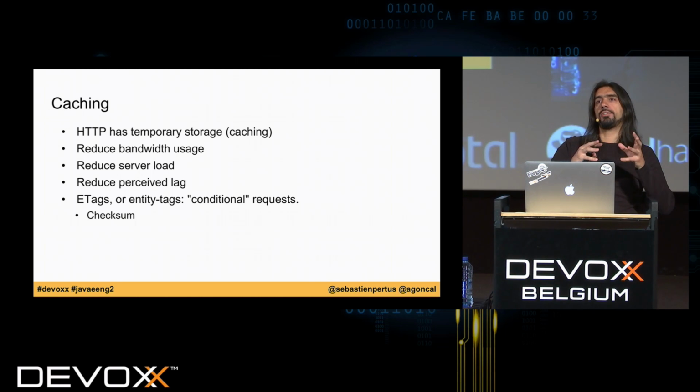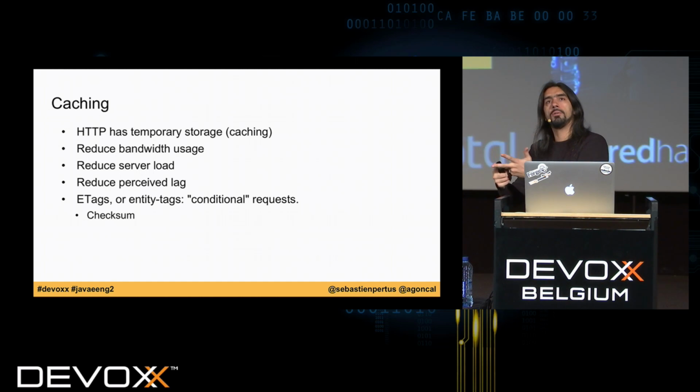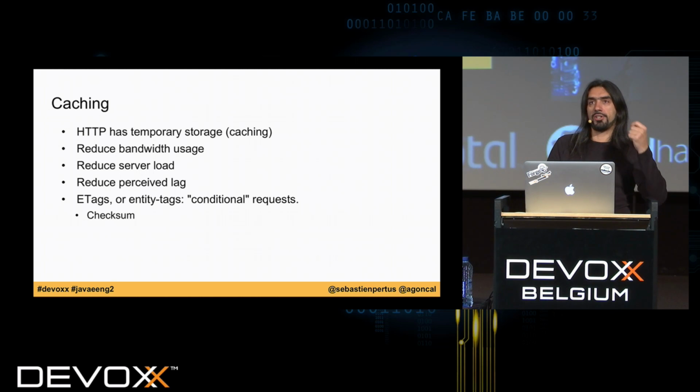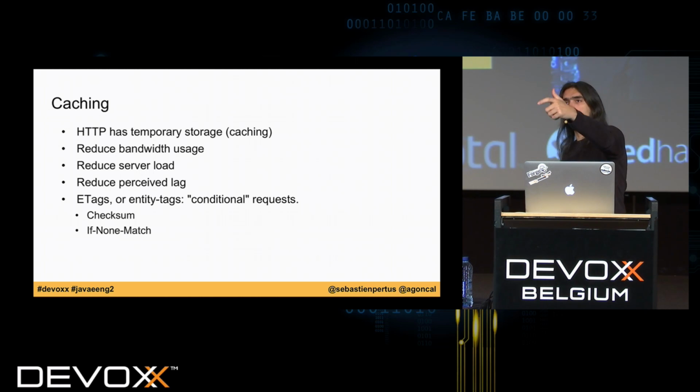So the way it works is we're going to create a checksum on this resource, a speaker, a room, a talk. We're going to create a checksum, and the server will give this e-tag back to the client. Then the client needs to know if the checksum is different or not.